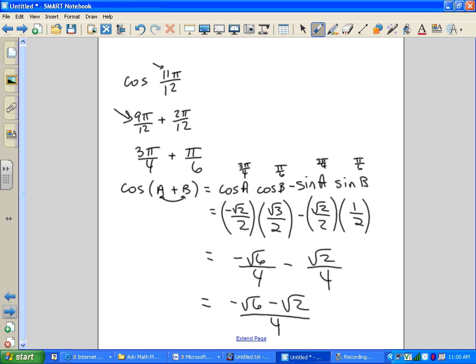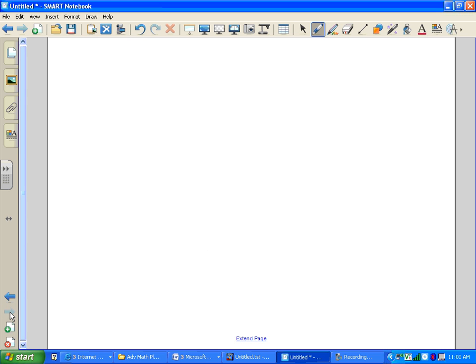Now let's look at one with tangent, because tangent is kind of nasty. Let's do the exact value for the tangent of 75 degrees. You want to add two angles again, so we can add 30 and 45. Now look at your reference sheet, at the sum identity for tangent.